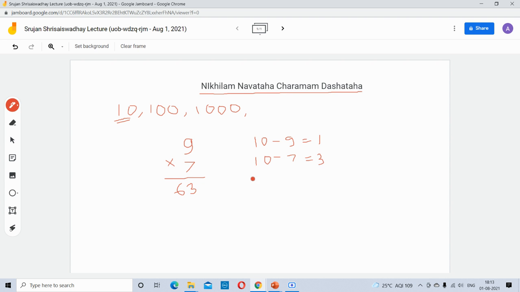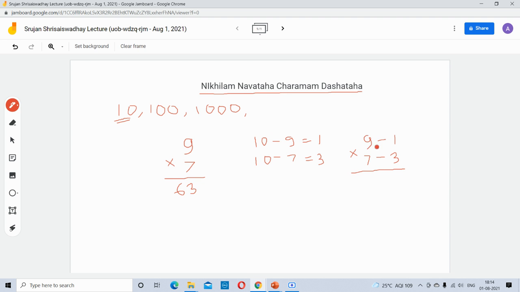So if we consider 9 into 7, then it is 1 less than 10, and it is 3 less than 10. It is less; that's why I have marked it as a minus. And if the number is greater than 10, we are going to see that also, how to multiply it. So 9 minus 1 and 7 minus 3.